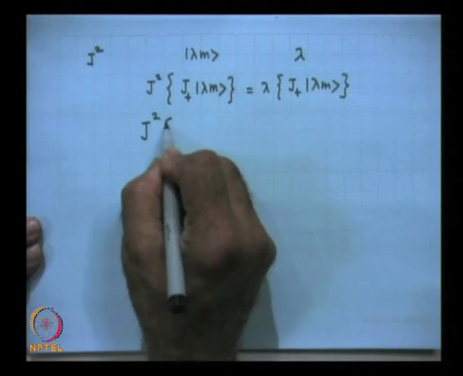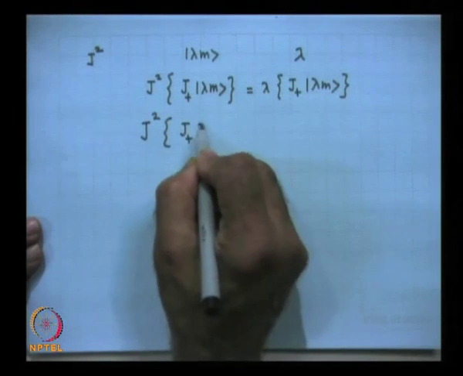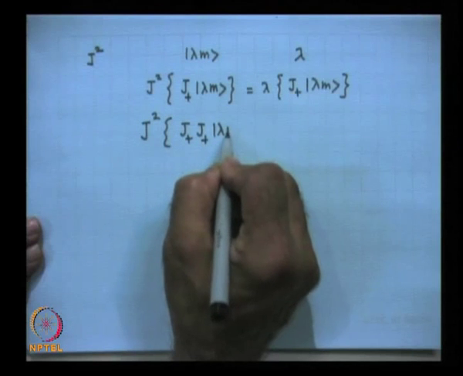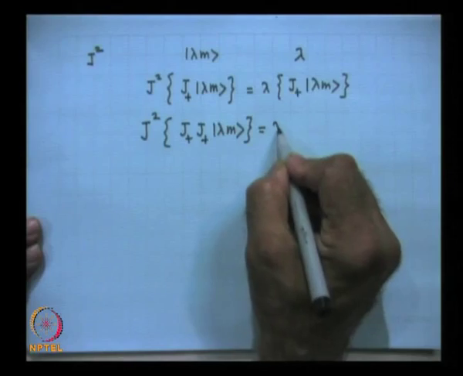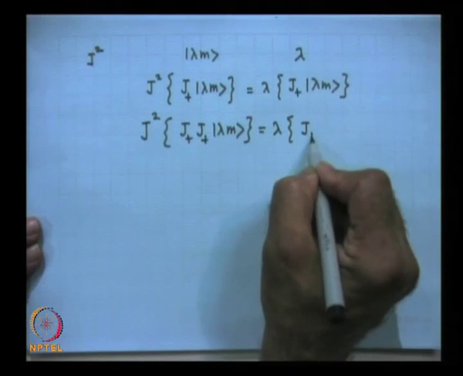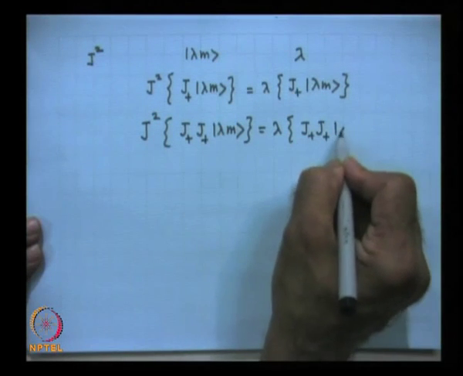Similarly, j square operating on j plus ket lambda m will be again lambda j plus ket lambda m.